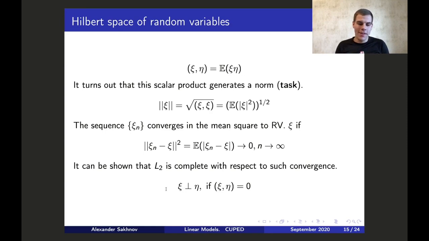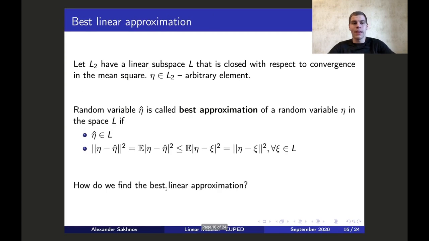And now that we know that it's a Hilbert space, then of course first of all we want to find the best linear approximation. This slide is almost completely the same, but we will talk about it again so everything is clear to everyone. Okay, let's say we have some space.